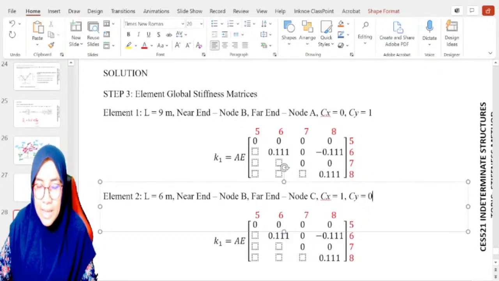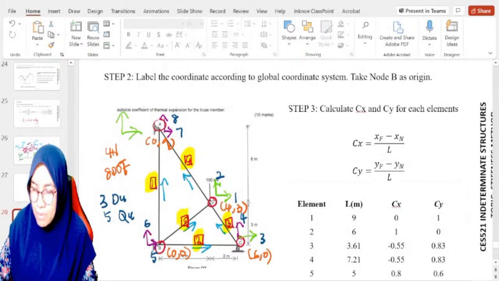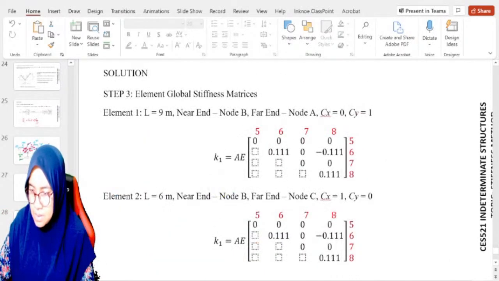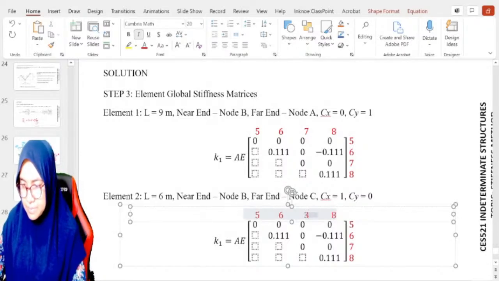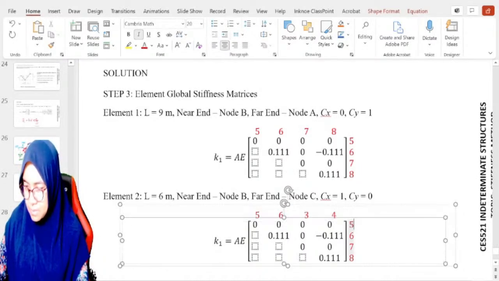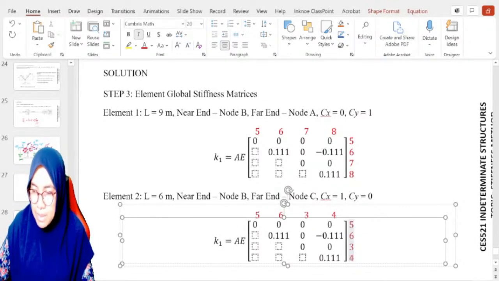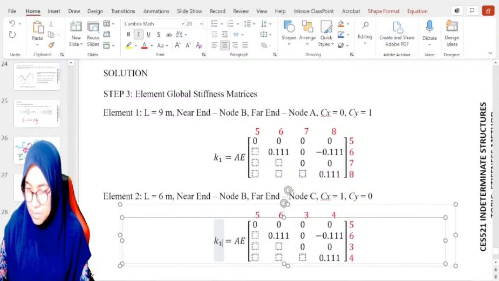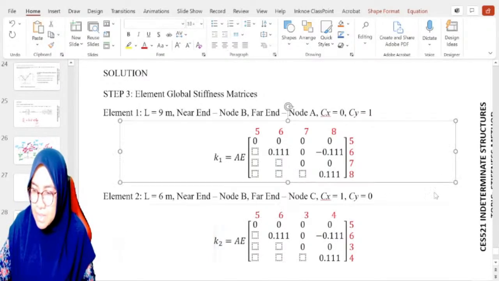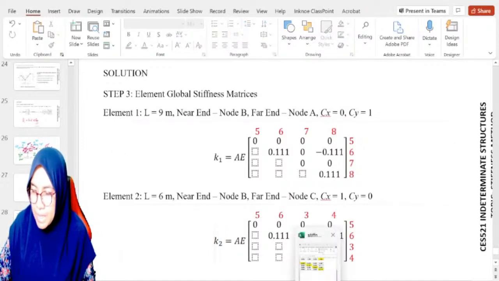From the arrow, the label is 5 6 3 4. This is element number 2, with labels 5 6 3 4. Let me open this back up.